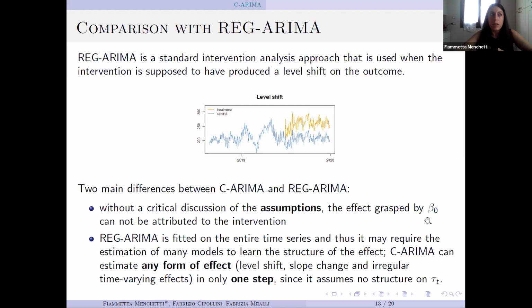It can be an association, but you're not sure that it is a causal effect. It is an effect, but maybe it's not causal, it's just an association. So those are the two main differences between a standard intervention analysis approach like this one and our C-ARIMA model.